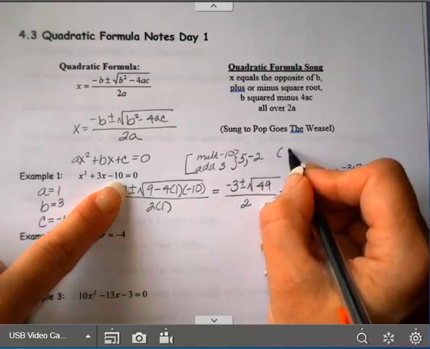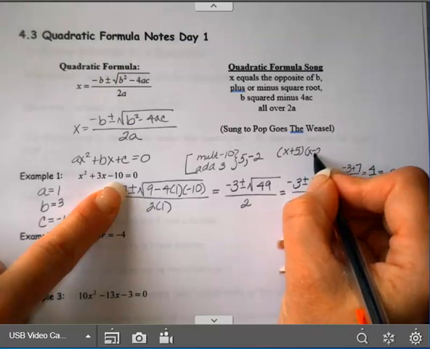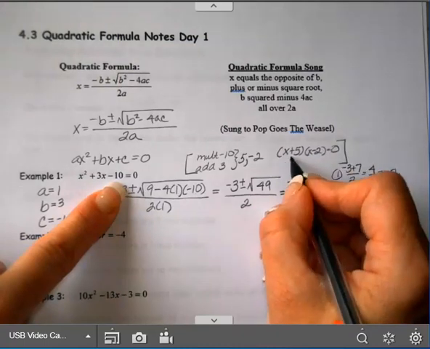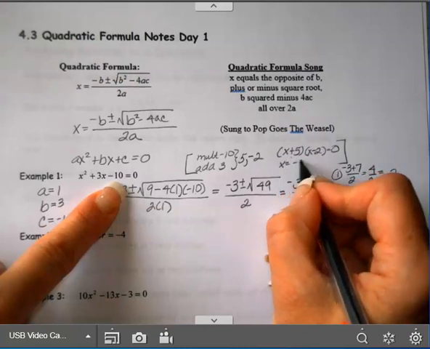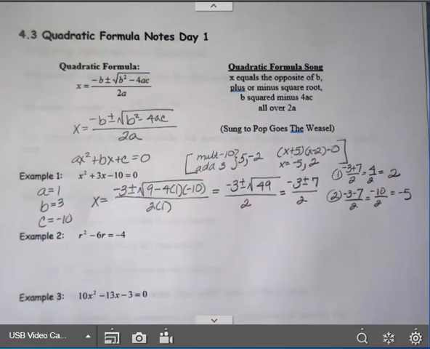So if I were to factor this, this would be x plus 5, x minus 2. So my solutions then would have been negative 5 and positive 2. Factoring is faster than the quadratic formula. The quadratic formula always works, though. And we'll be talking in a later lesson about when to use which method.